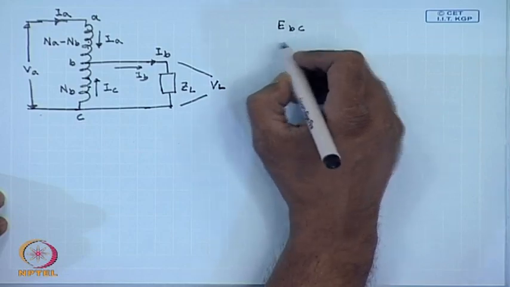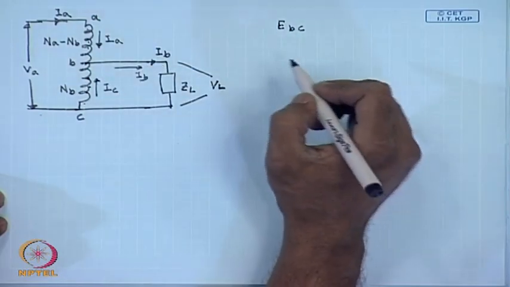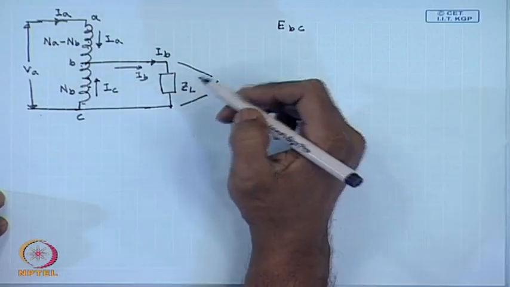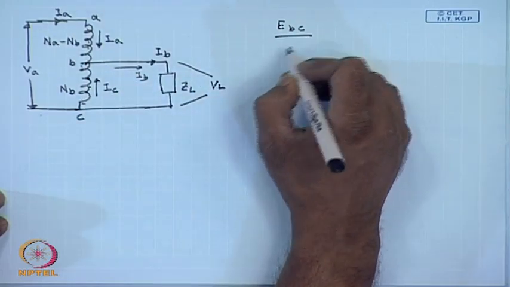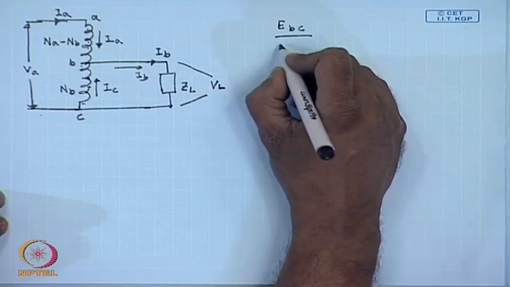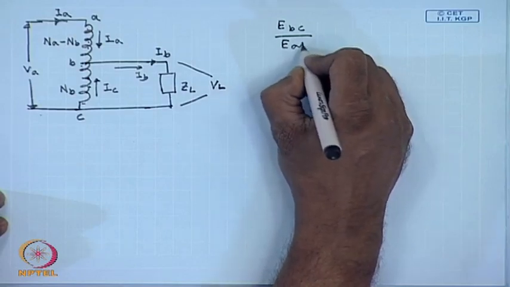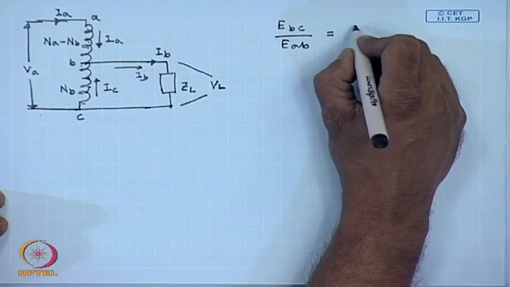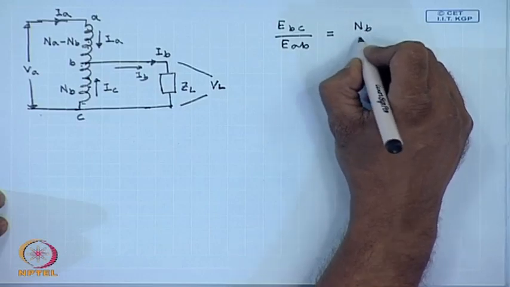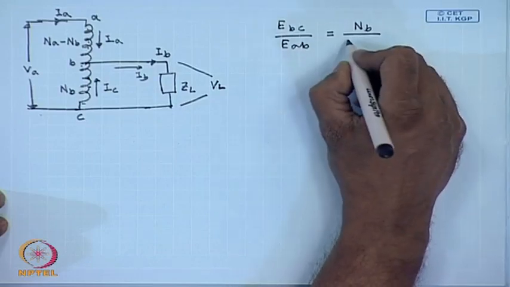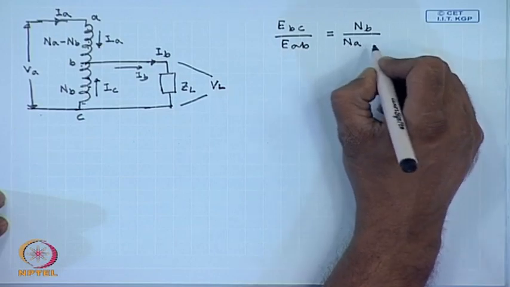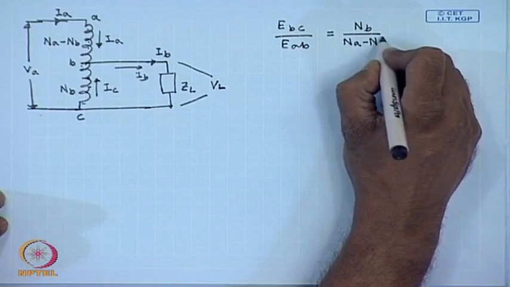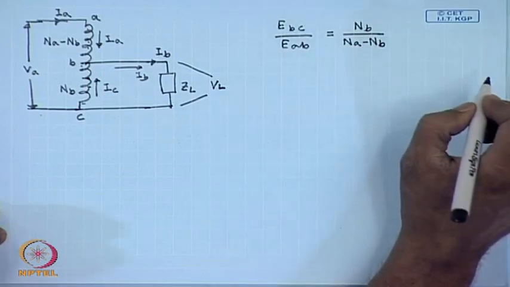E B C, that is the voltage induced in the part with turns N B, divided by E A B is equal to N B divided by N A minus N B, and they will also be in phase.